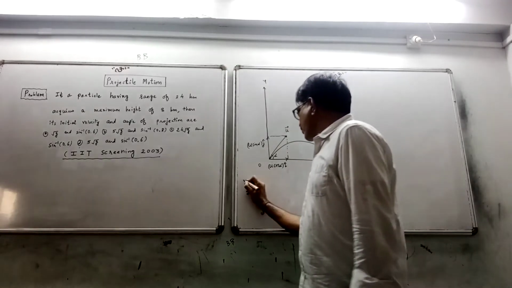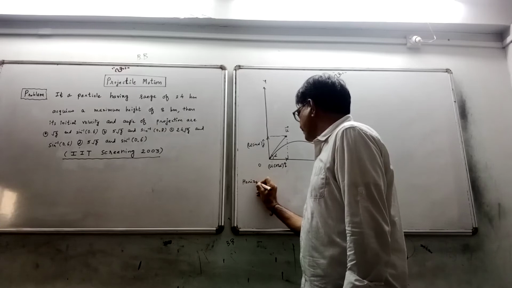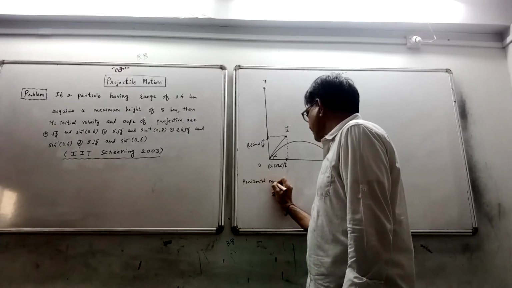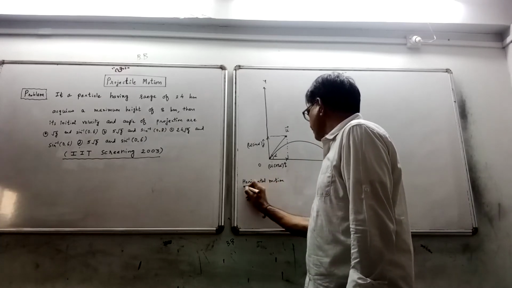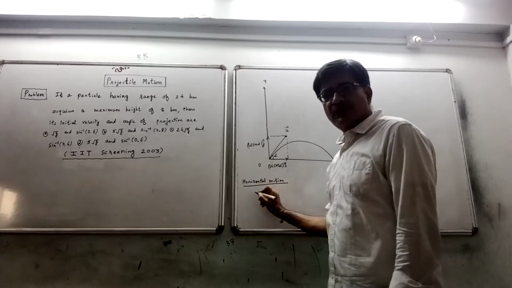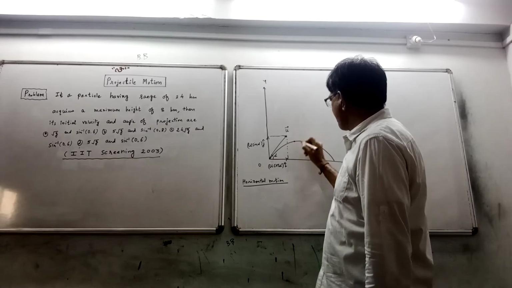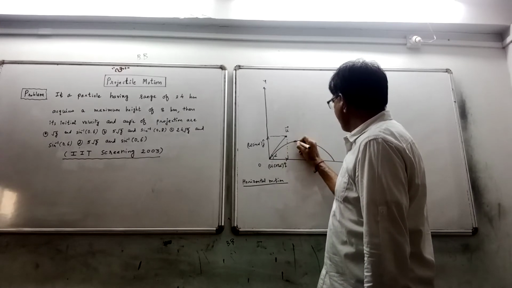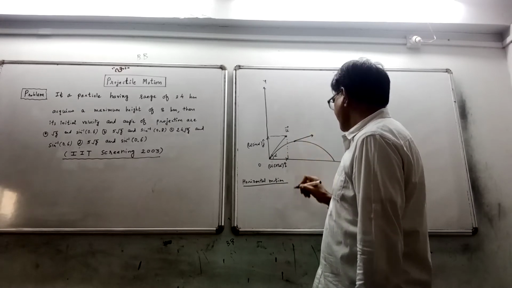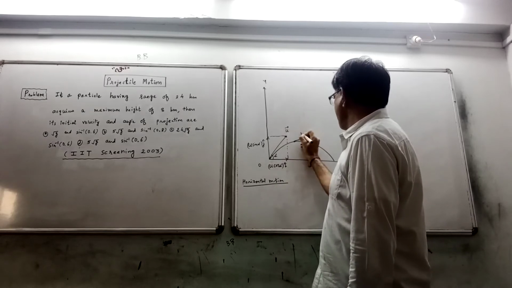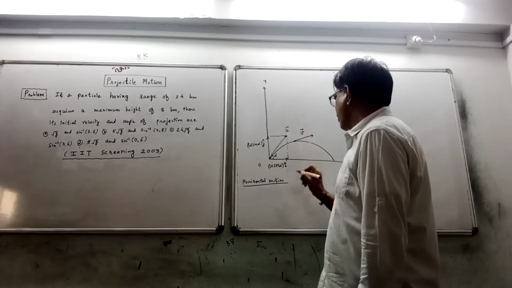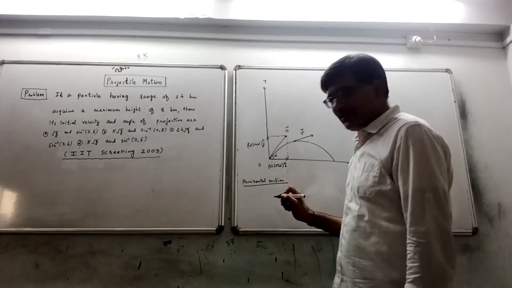Now, for horizontal motion, as I told you, it is with constant velocity. Suppose the object reaches some point; the velocity will be in the tangential direction. This is called v. Then we will have two components, vx and vy.